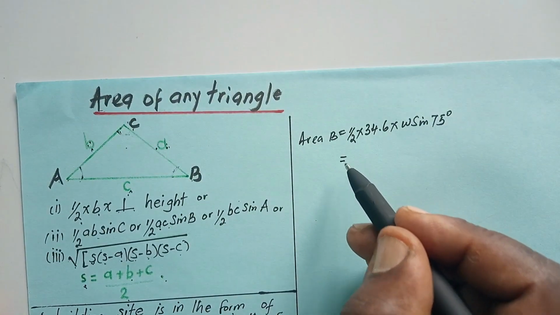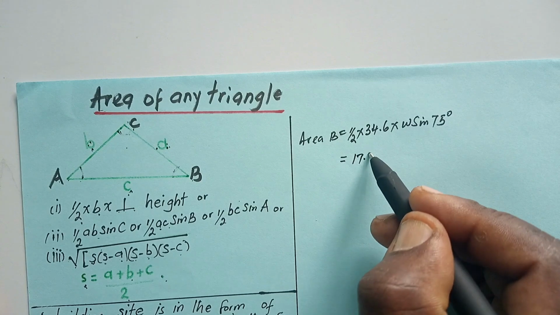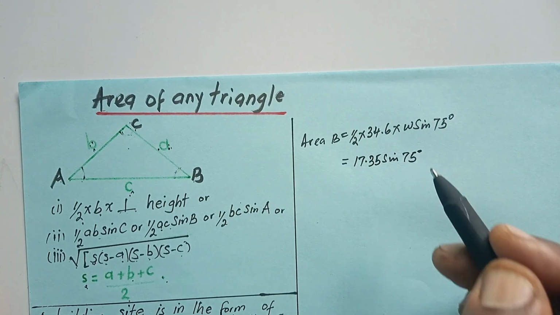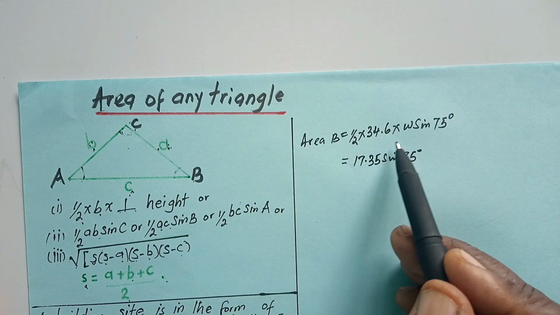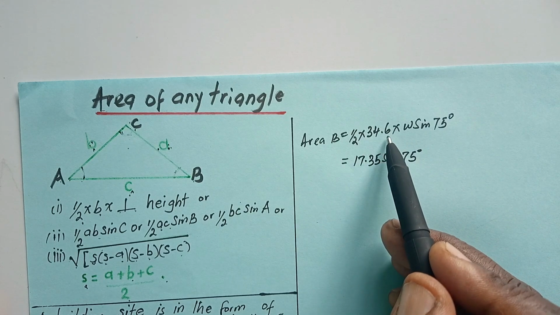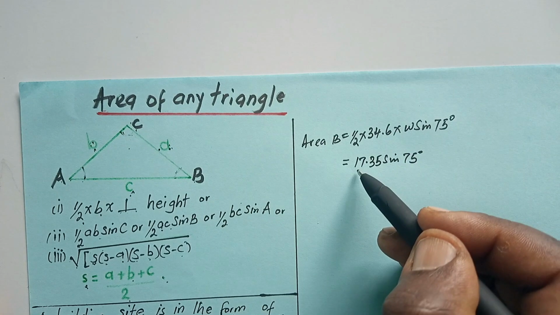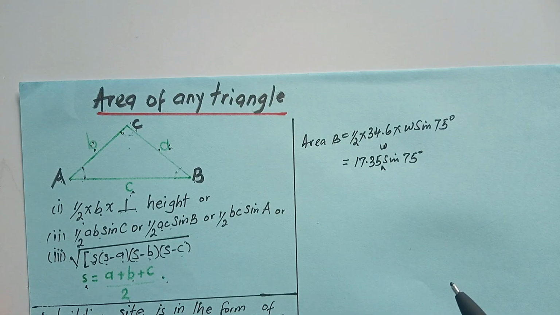Then area B now is equal to 17.35 sine 75 degrees. I've simplified this part: a half times 34.6 times W sine 75. So it is 17.35 W sine 75.